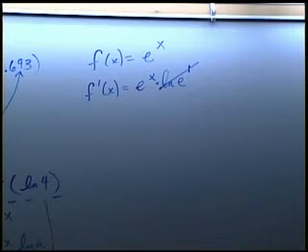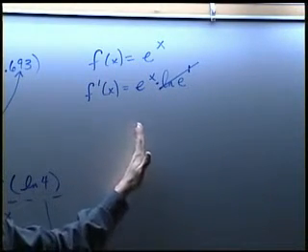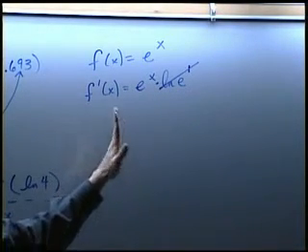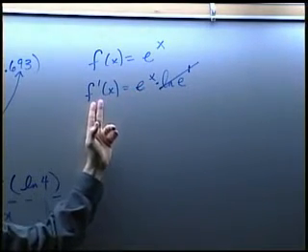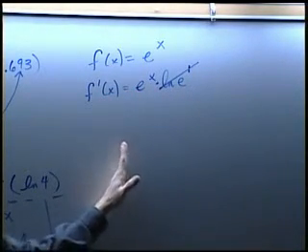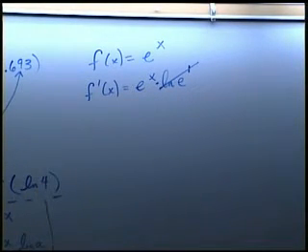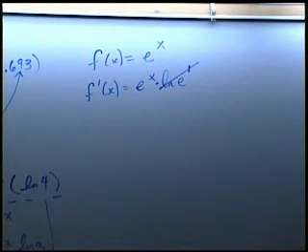It's a really strange situation, but it just means that if we looked at how fast the y values were going up, and so if we look between 1 and 2 and 3 and just looked at how fast the y's were increasing, if we also looked at how fast the slopes were increasing, they'd be increasing at exactly the same rate. The y values and the slopes are changing at the same rate. And like I said, that's the only function in mathematics that we know of that does this. So this is a really simple derivative to memorize. E to the x is just e to the x. All right, so that's our second definition.